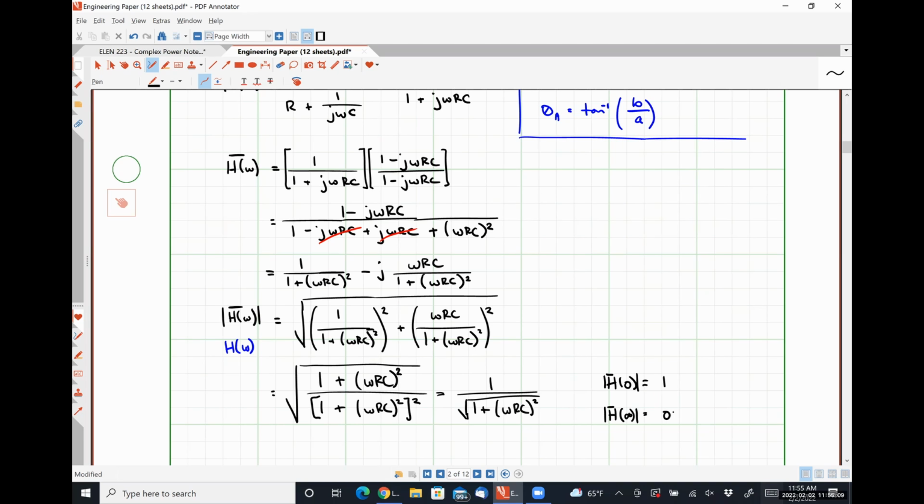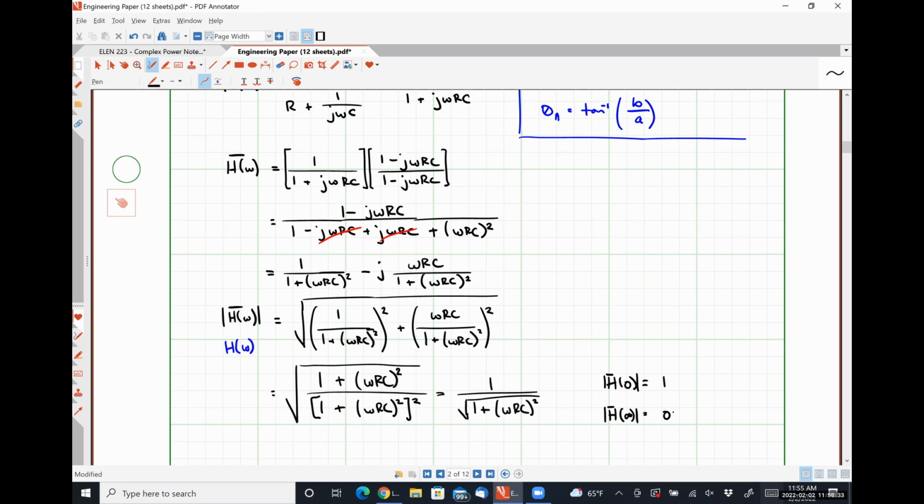So for all frequencies below omega c, we're operating at above half power, and for all frequencies beyond omega c, we're operating below half power, okay?